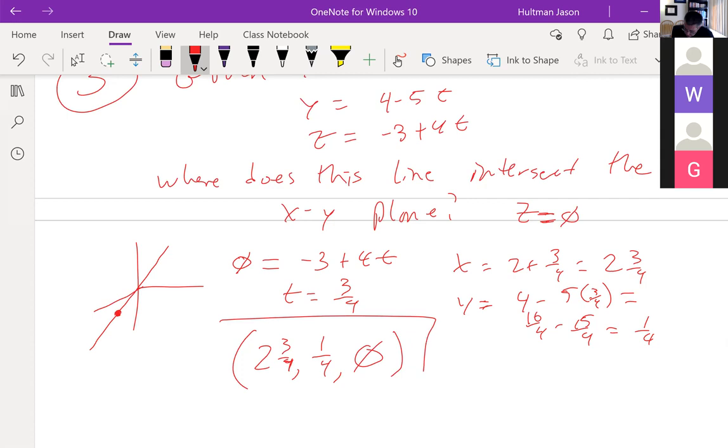It's not a trick question. Does that make sense? So that point is where the line crosses the XY plane.